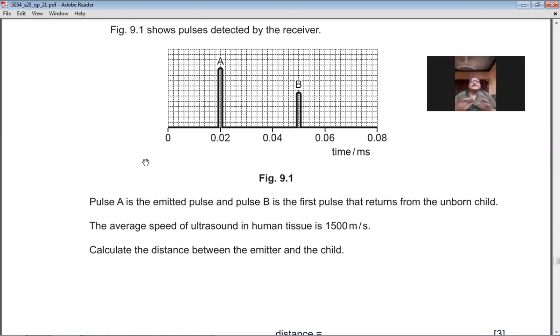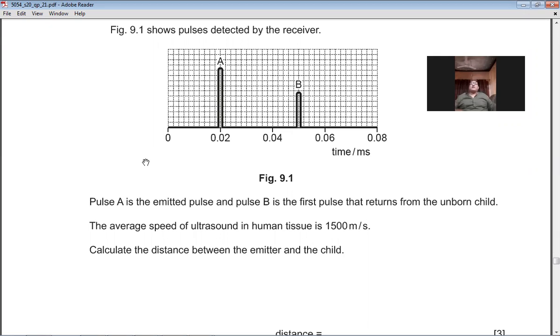He says, pulse A is emitted pulse, and pulse B is the first pulse that returns from the unborn child. The average speed of the ultrasound in the human tissue is 1500 meters per second. Calculate the distance between the emitter and the child. You see, now I know the speed of the ultrasound in the tissue, and I know the time taken for the ultrasound to go and come back.